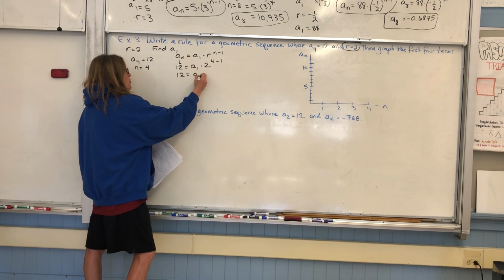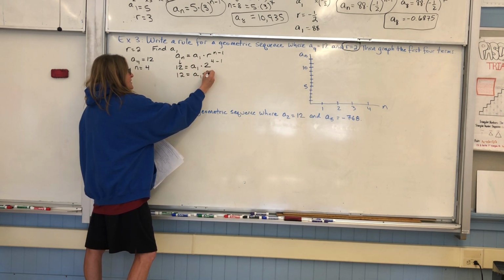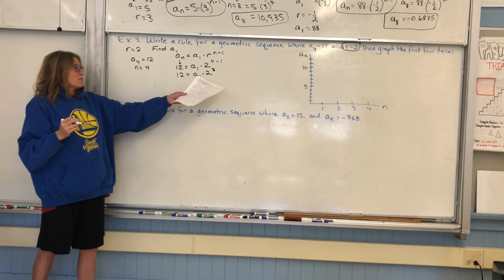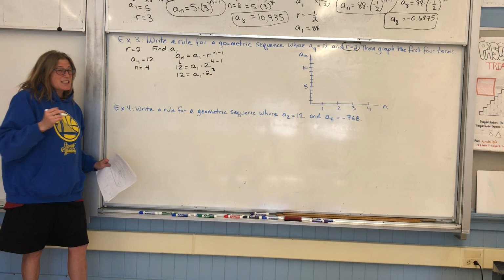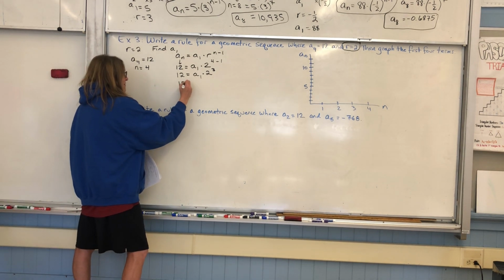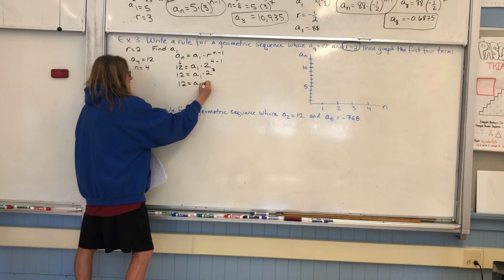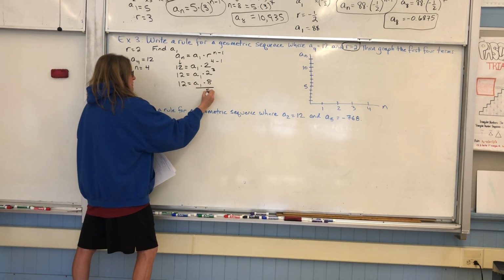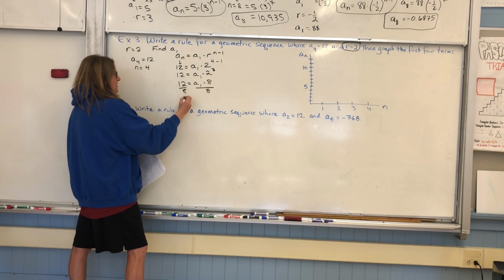Now remember, there are no pluses and minuses here. This is all multiplication. So it's tempting to say I'm going to subtract 8, but it's not, right? It's times. So that means I need to divide by 8. And I can see here that A1 is 3/2.